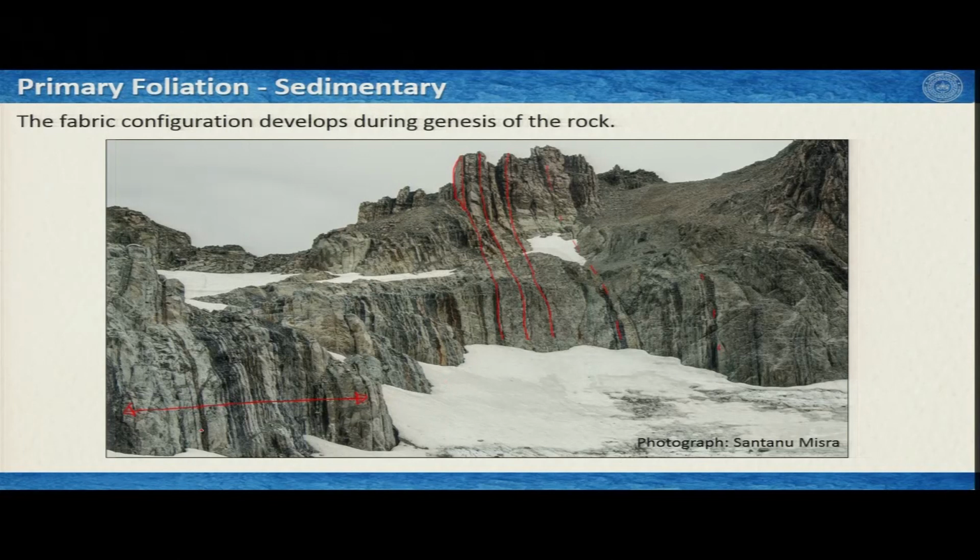Across the foliation, the layer thicknesses also vary even within the same composition. So, here you see some laminations and then a thick layer and so on. This is very much characteristic of sedimentary foliation or primary foliation.